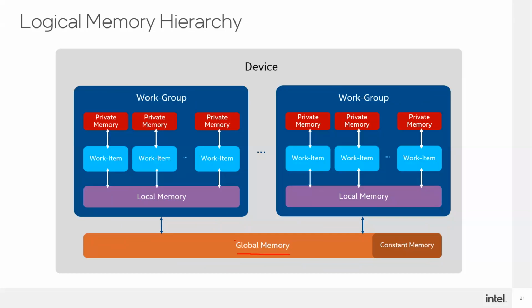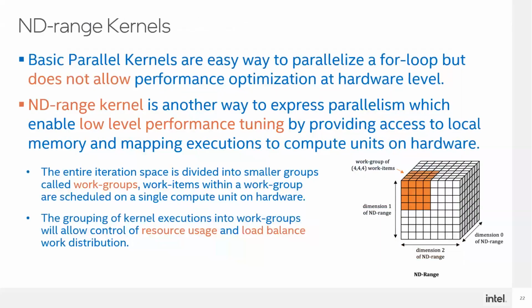Which means to do this, you will probably need to use private memory and local memory more extensively, instead of going to global memory and having a larger latency. You need to minimize data transfers between host and device, and you need to minimize the synchronization across work items, right? We will talk about that. So these are just basic principles of further software optimization.